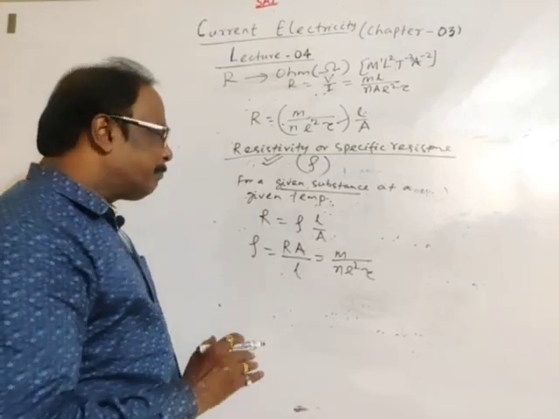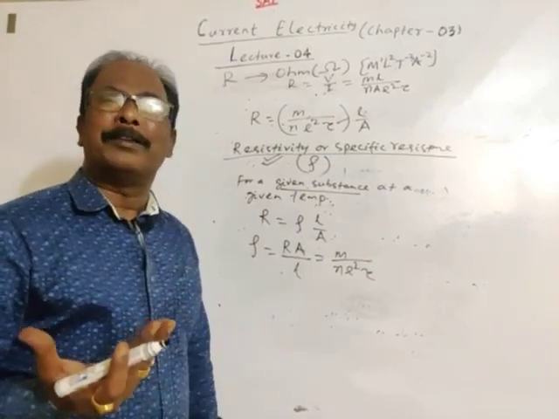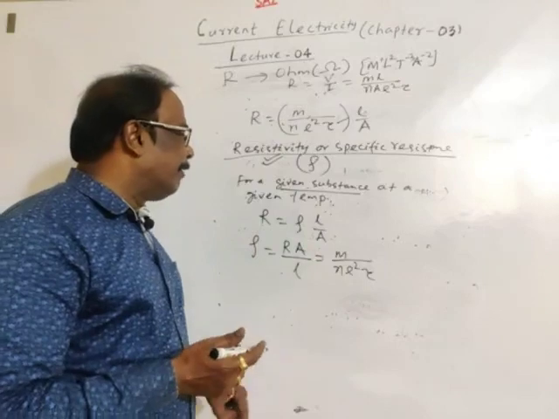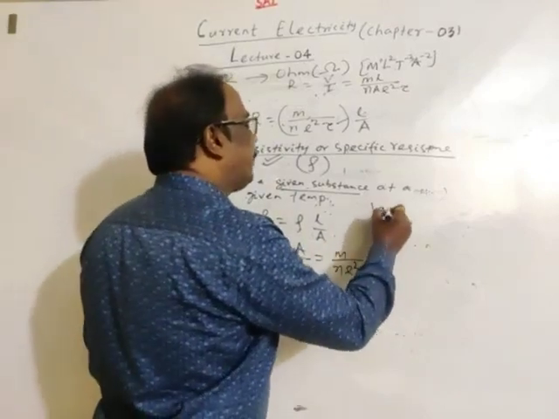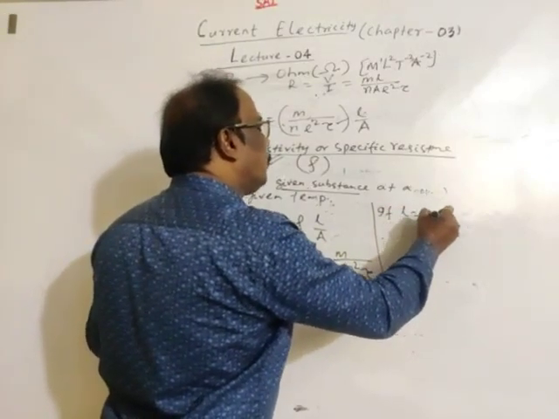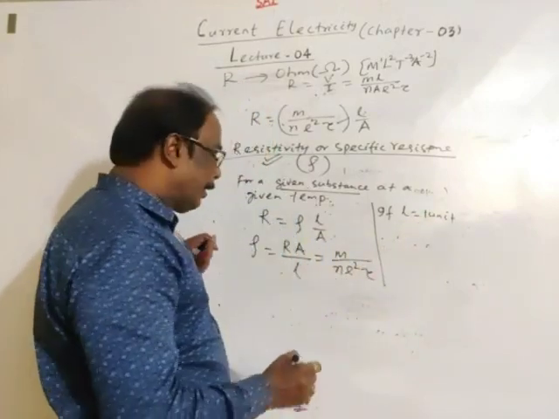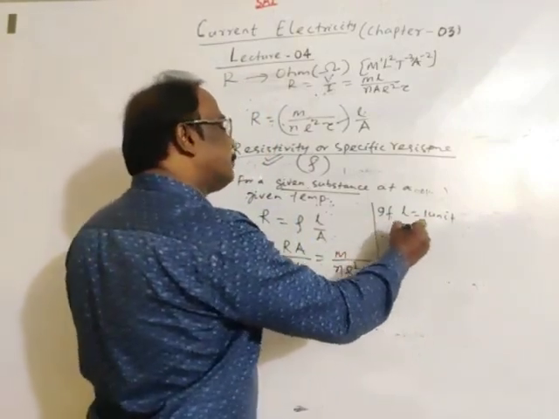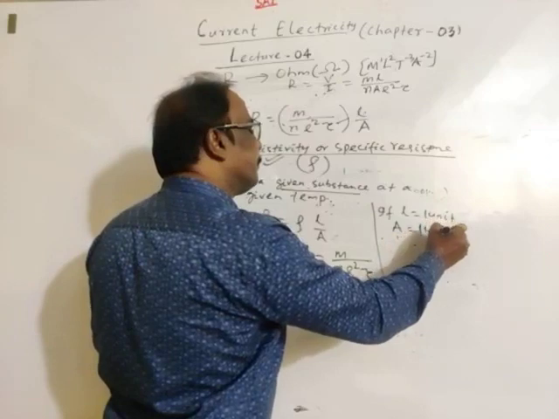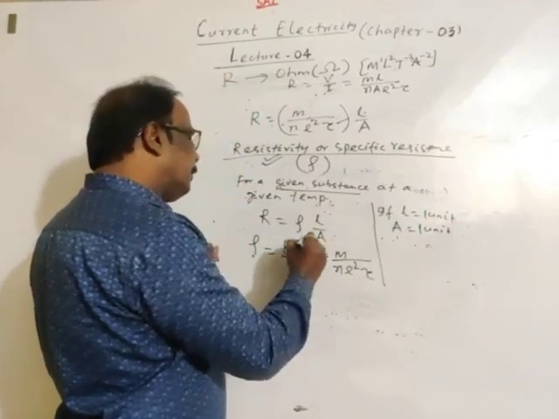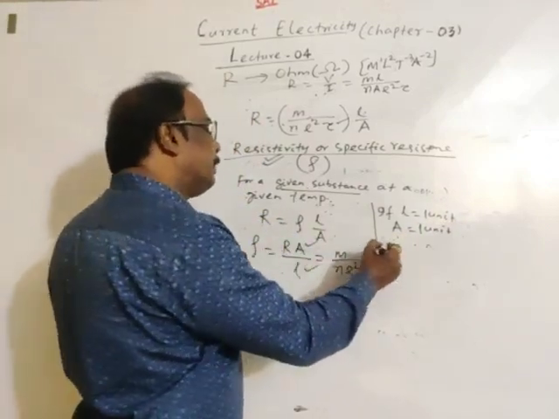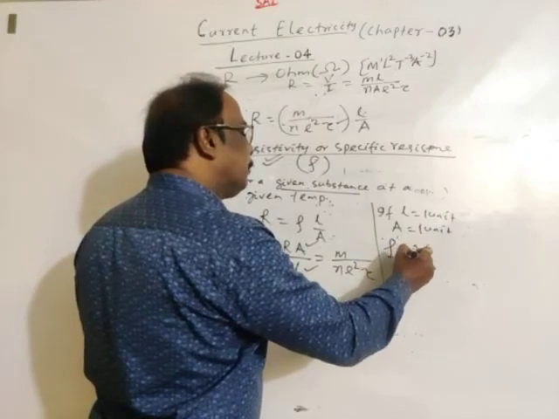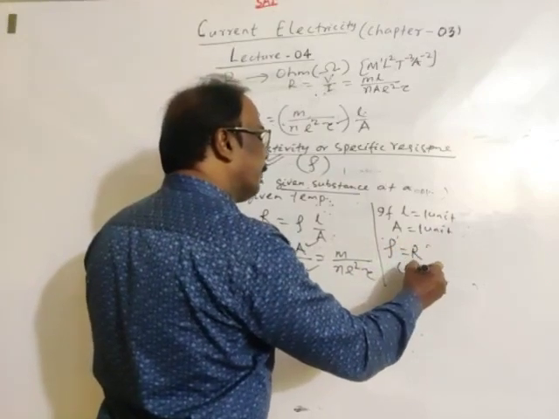So how can we define resistivity? See, if length is 1 unit and area of cross section is 1 unit, then rho is equal to R numerically.